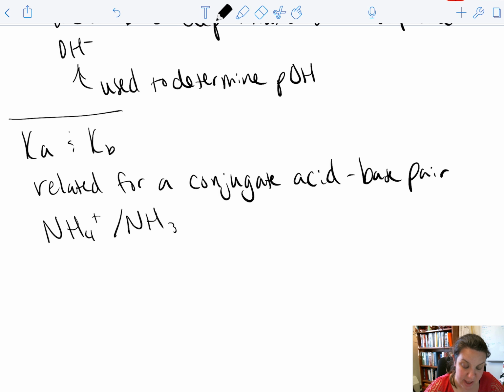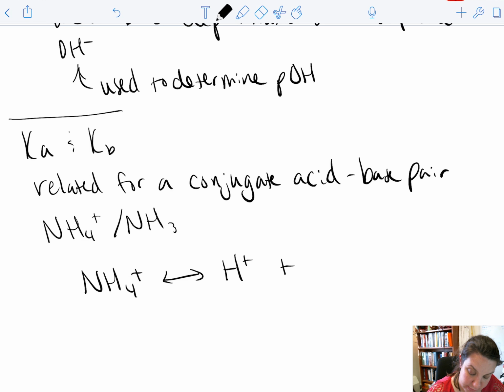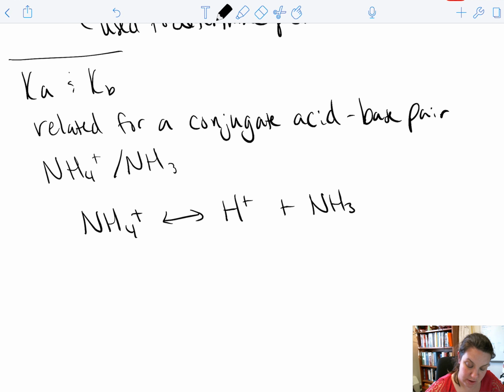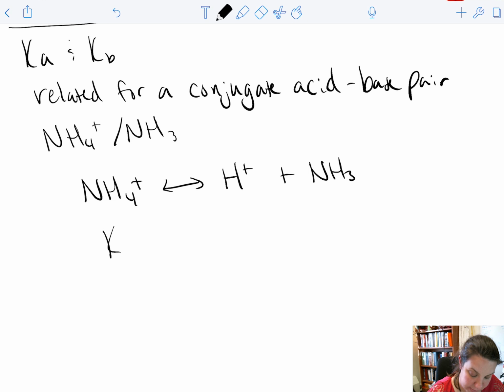NH4 plus is our acid, NH3 is our base. NH4 plus, when it breaks down, produces H plus ions plus NH3, which makes sense. Our Ka for this would be H plus times NH3 over NH4 plus.